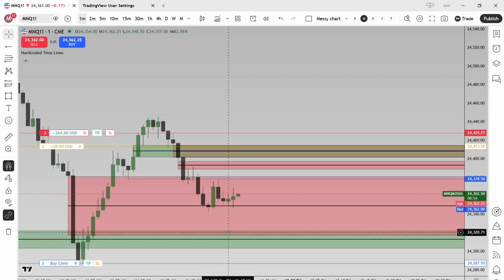Ten more minutes and then I close. Well, not necessarily, because we're going to make a lower low from 12 o'clock. So I could be taking profit at that low that's created at 12. But that could take time. It might be a long video if I don't take profit there.